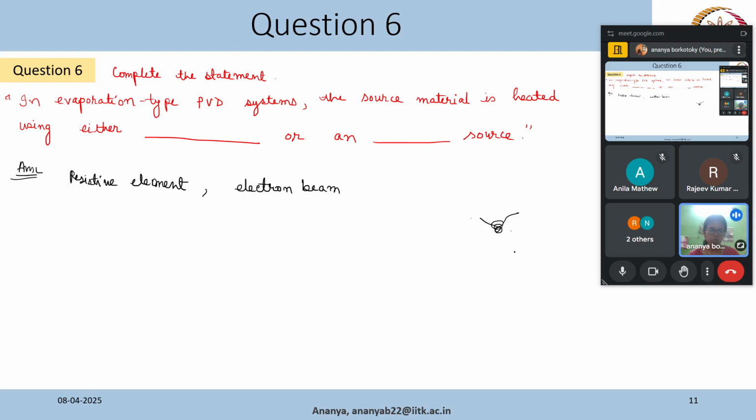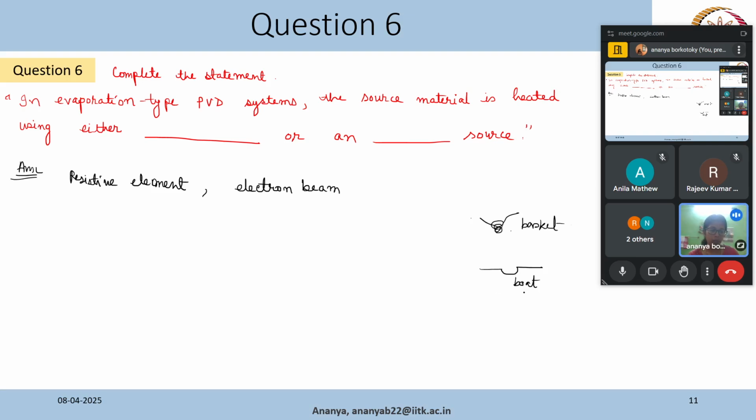So instead of that, we use a boat. So this is a boat and this is a basket, and this is a resistive element. Just simply saying it as a resistive element. We'll connect our electrodes here, we'll apply current through it. Now the boat will have a melting point that is much higher compared to the source material.